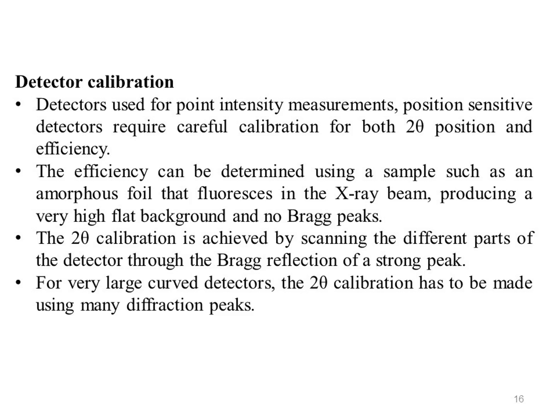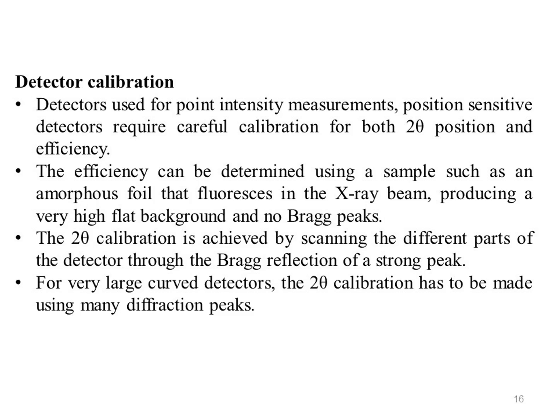The efficiency can be determined using a sample such as an amorphous foil that fluoresces in the X-ray beam, for example iron in a beam of copper K alpha radiation, producing a very high flat background and no Bragg peaks.